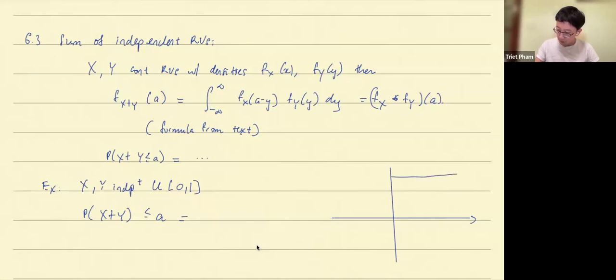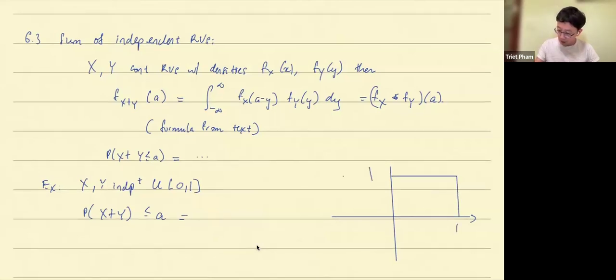then you have a square. And you have two cases, either this case, this is X and this is Y, or this case. If this is the case, this is X plus Y equals a.